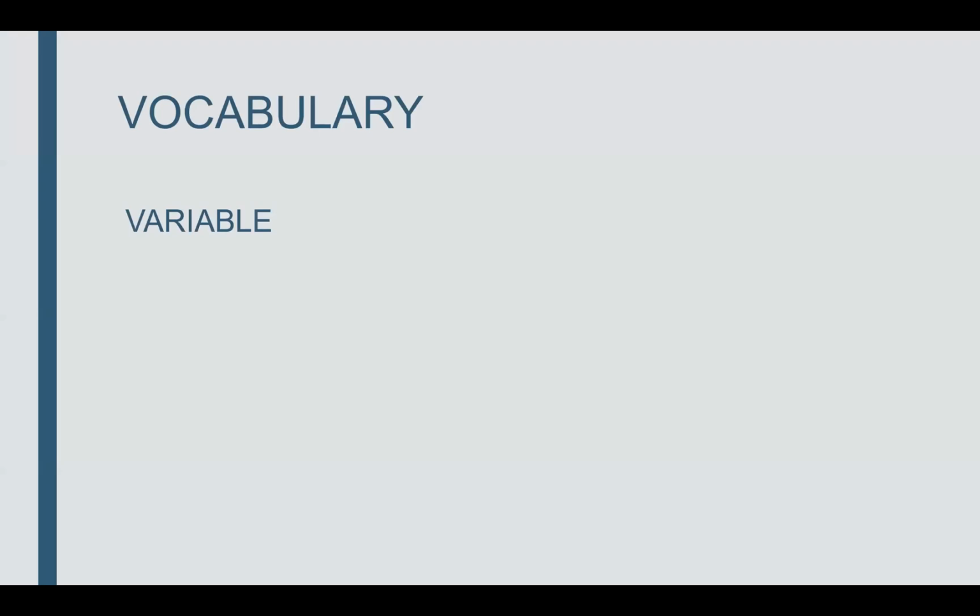Okay, so we start out talking about a variable. Now, I would be willing to bet that probably somewhere in your educational background, math related, you've talked about a variable, because in algebra we talk about a variable. And so it really has kind of a similar meaning even within statistics.